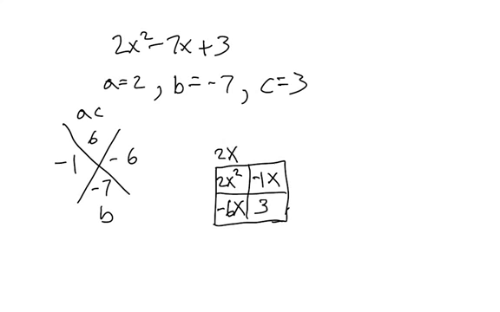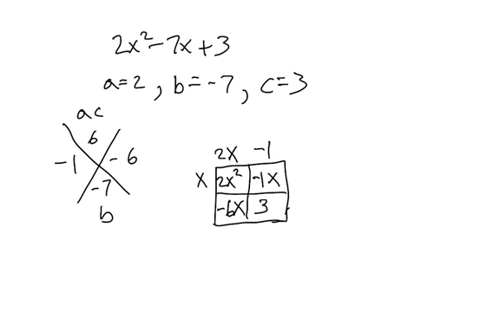And then 2x times x gives us 2x squared. Now we need to figure out x times what gives us negative 1x. So obviously that's negative 1.